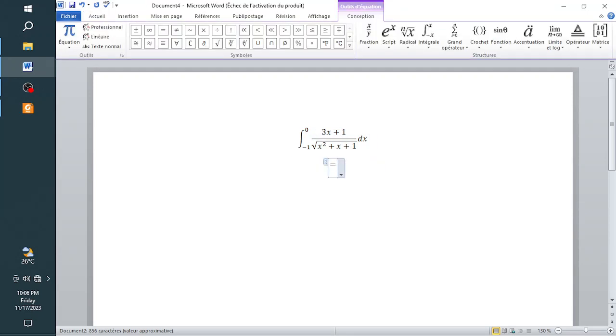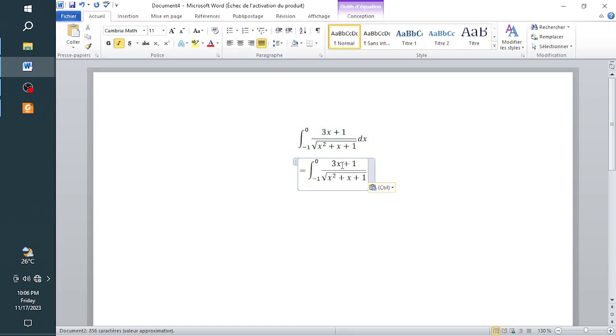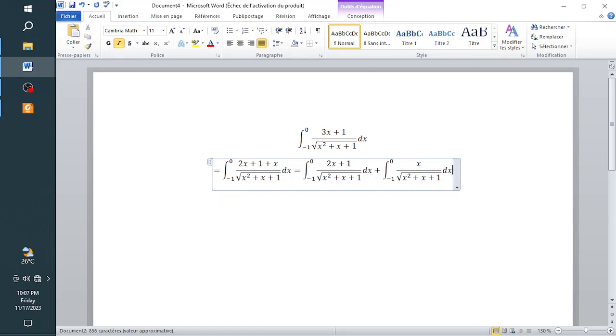This will be equal to the integral where we write 3x plus 1 as 2x plus 1 plus x, dx, and now I can separate it. So I'm going to have the integral of 2x plus 1 over the square root, plus the same integral but now with x in the numerator. I don't know if it's going to help us or if it has reduced the workload, but that's just what I saw when I saw the integral.